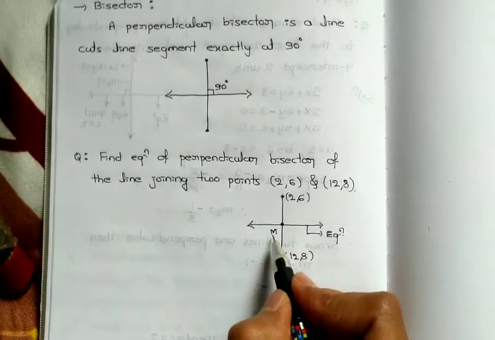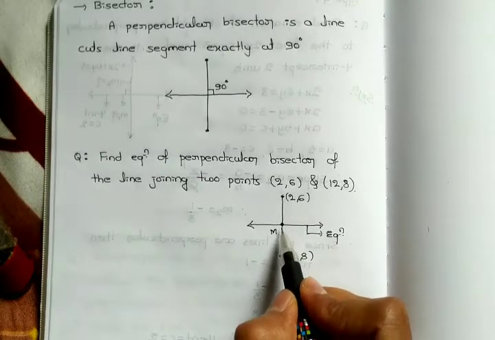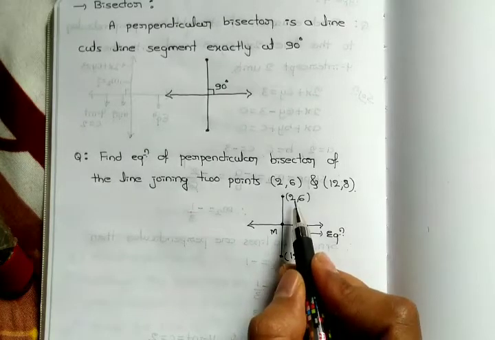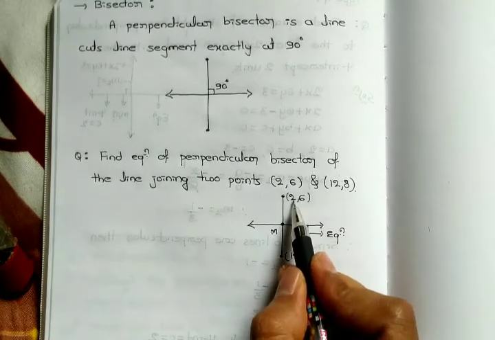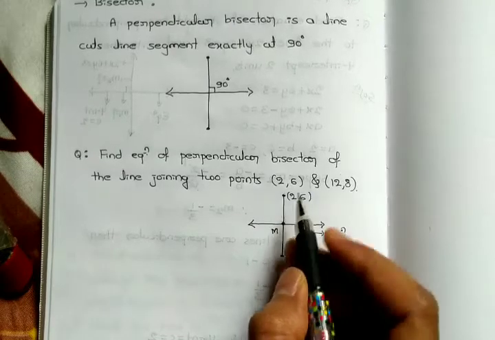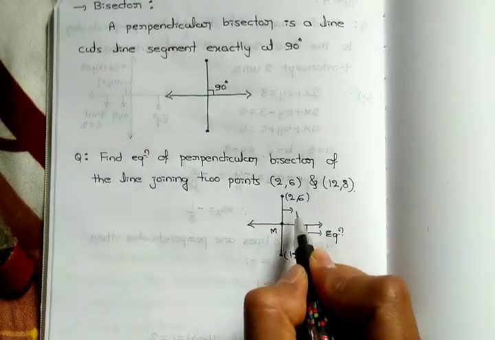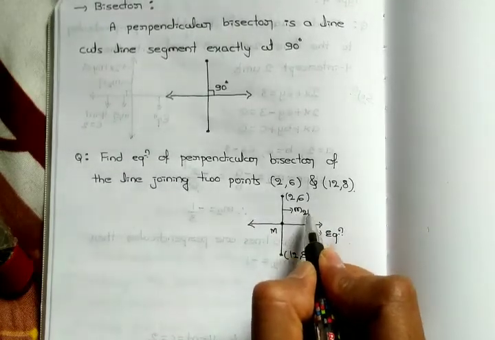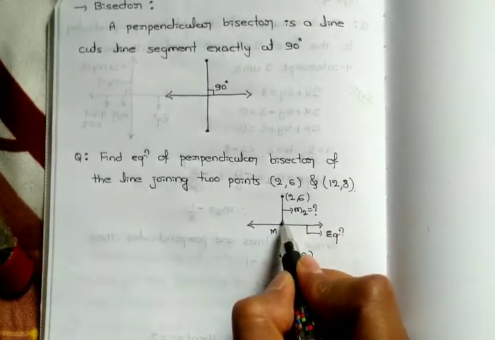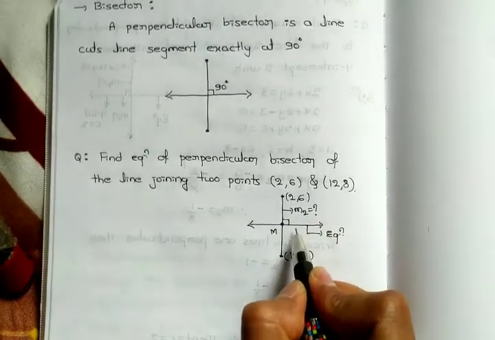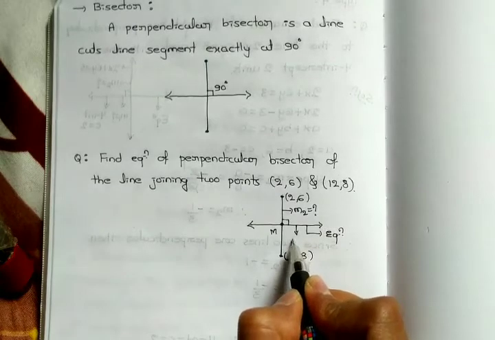First, using the midpoint formula, I find the value of this point. Later, using these two points, I find the slope of this line. Next, using the perpendicular condition, I find the slope of the first line.